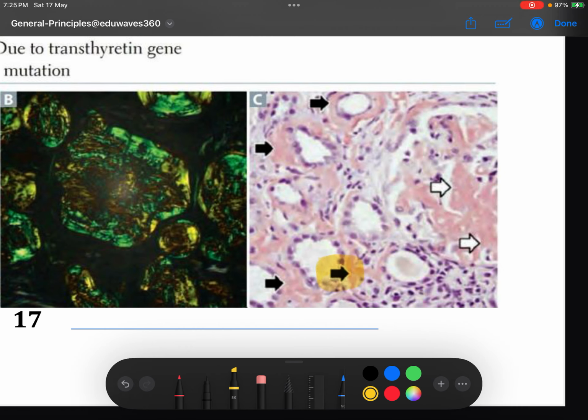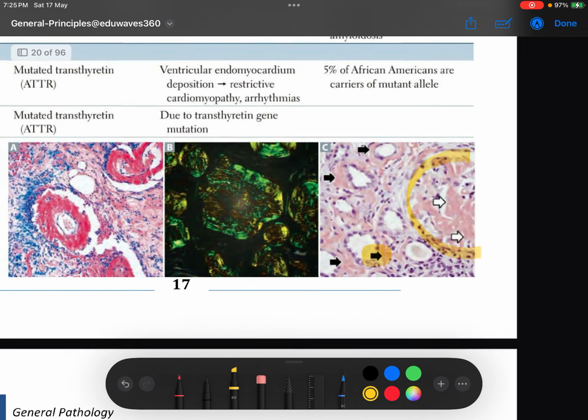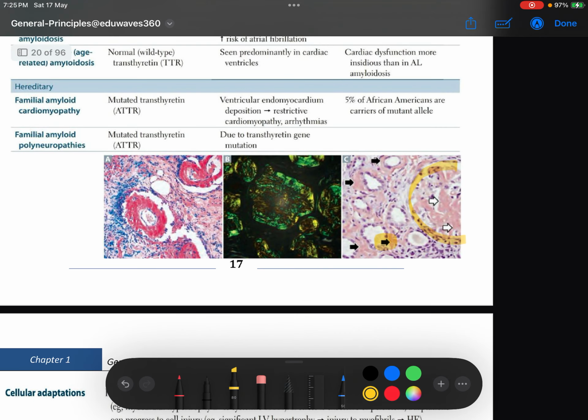So on H&E stain, accumulated amyloid appears as amorphous eosinophilic material, while in Congo red it shows a green glow under polarized light.